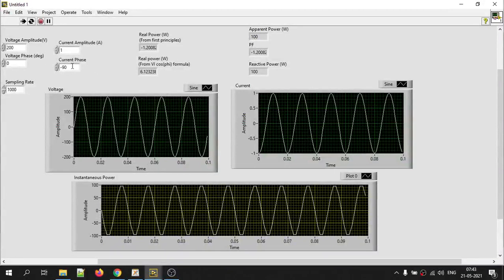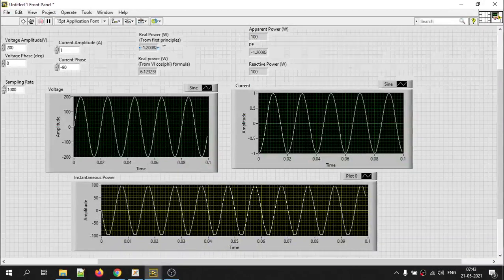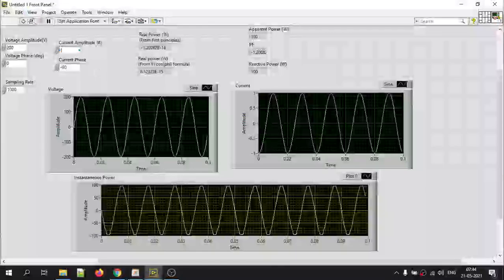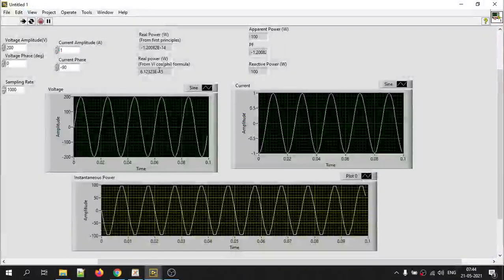Here you can see that the real power is almost 0. Let me expand the block. See, it is 10 power minus 14. In practical sense it is 0. Here also, even if we are using the formula, due to numerical approximation in a very small range there may be a difference.